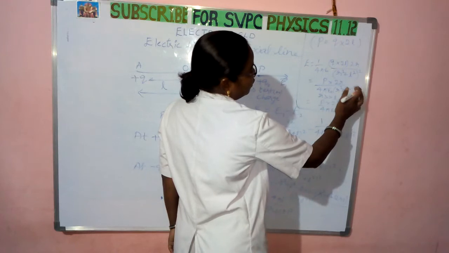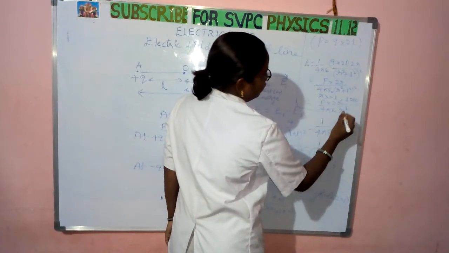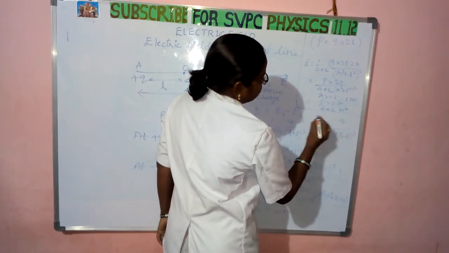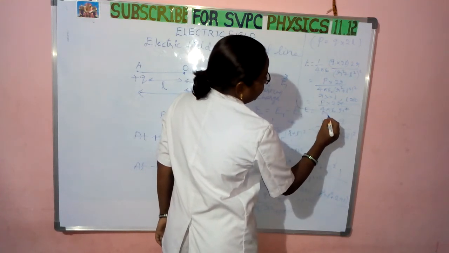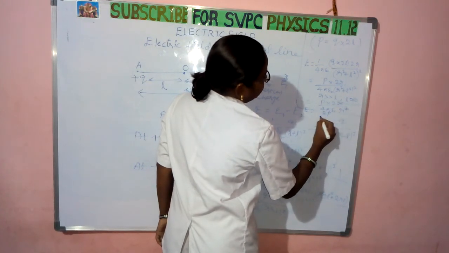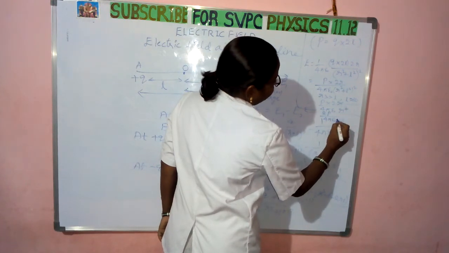R square whole square is R to the power of 4. But here 1 R is there in the numerator, so out of R to the power 4, 1 R gets cancelled. Then E is equal to 2P divided by 4 pi epsilon naught R cubed.